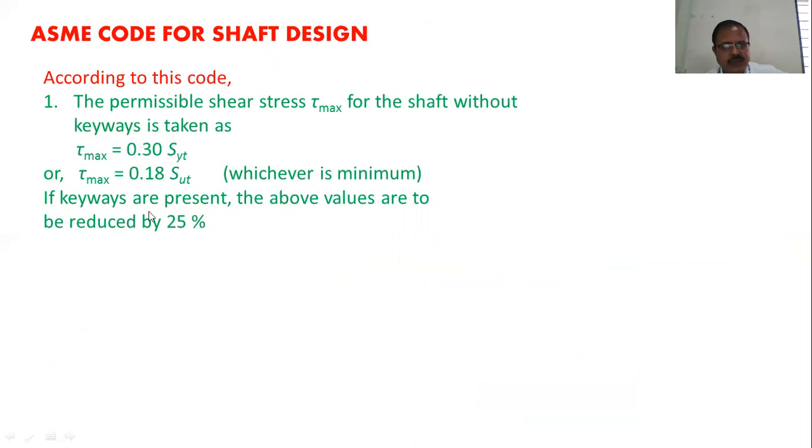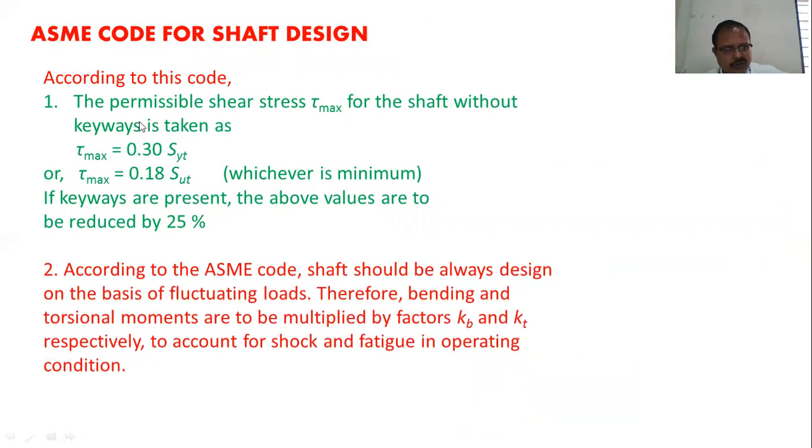So again, multiplying it by 0.75 and taking the minimum value will give us the permissible shear stress. Remember, 0.3 times Syt or 0.18 times Sut, whichever is minimum. If the keyway effect has to be considered, then reduce these values by 25%. Therefore, remaining strength will be only 75%. So from here onwards, we will be multiplying these equations by 0.75.